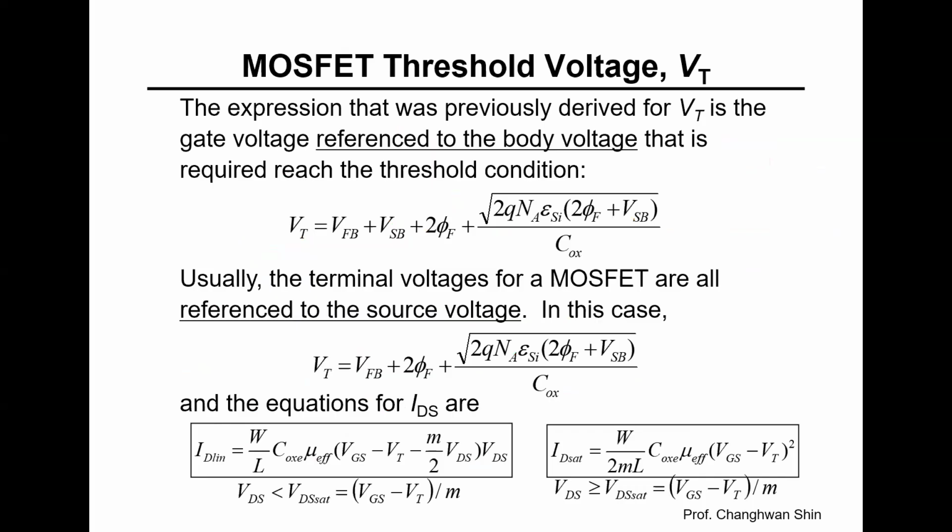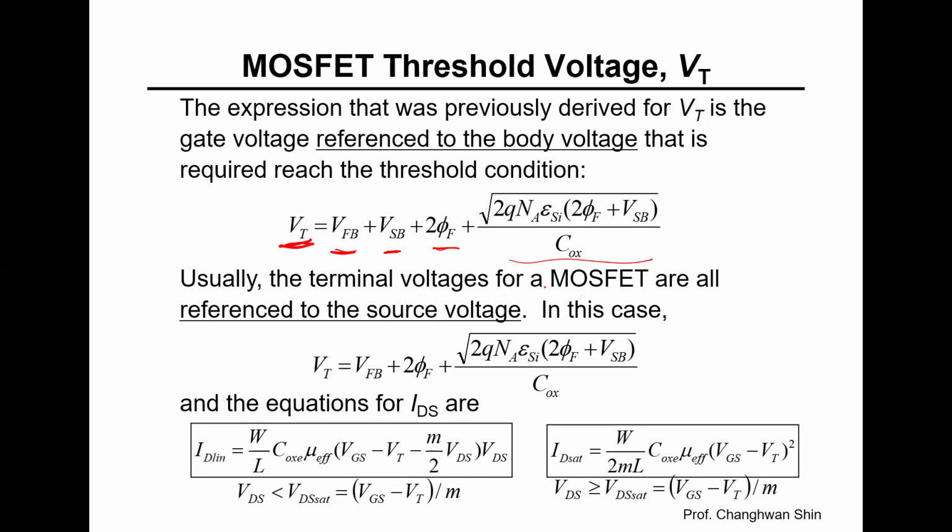The threshold voltage VT expression we derived earlier represents the gate voltage, referenced to the body, required to reach the threshold condition. So the threshold voltage is equal to the flat band voltage, plus source-to-body voltage, plus 2 times the surface potential, 2 times the bulk potential, and more.